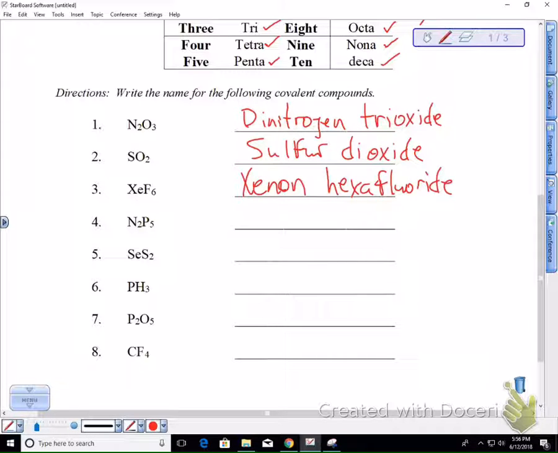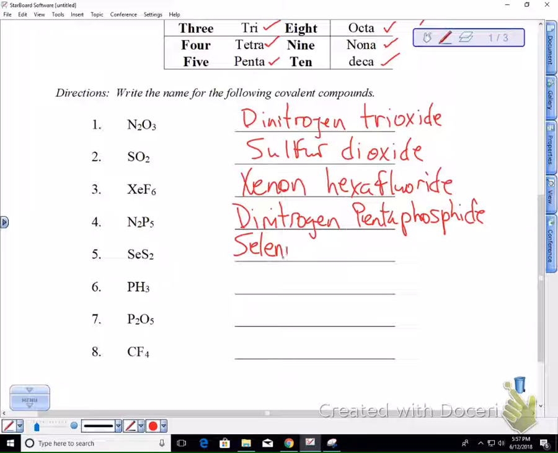Number 4, back to 2 nitrogens. We've seen that already. Dinitrogen. 5 phosphorus atoms. 5 gets a penta. Phosphide. Okay, number 5, we have selenium and sulfur. So the first word here would just be selenium.